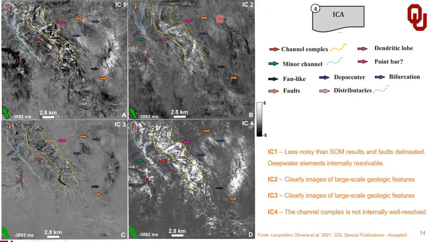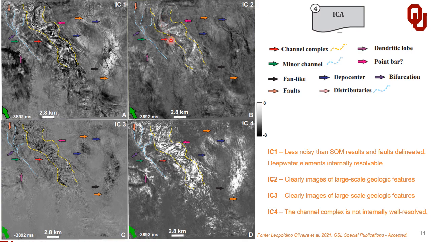The second one displays independent component 2 with clearer images of the large-scale geological features such as the channel complex, the depot centers, and smaller channels. The distributary channels are visible but are difficult to delineate using the ICA2.